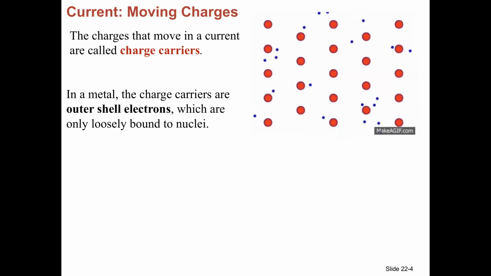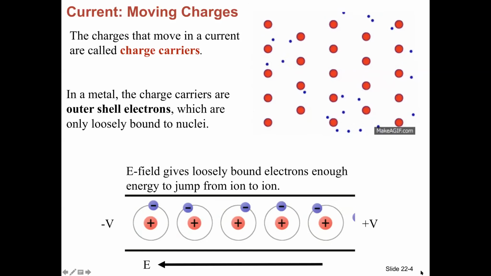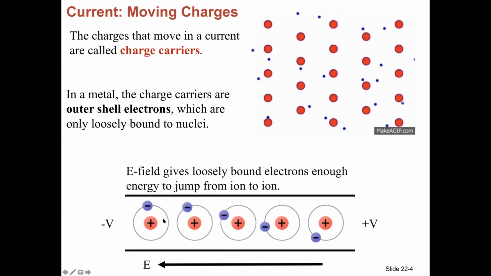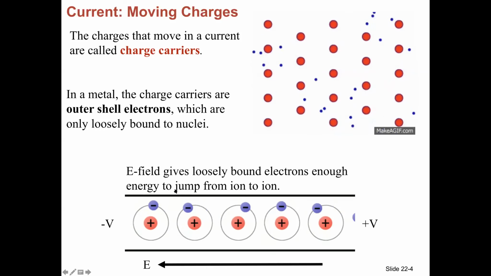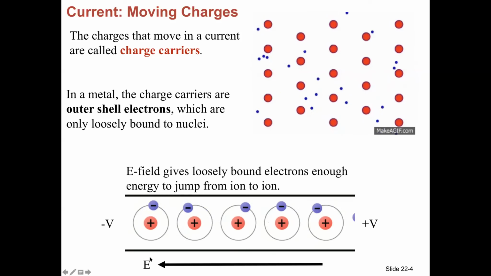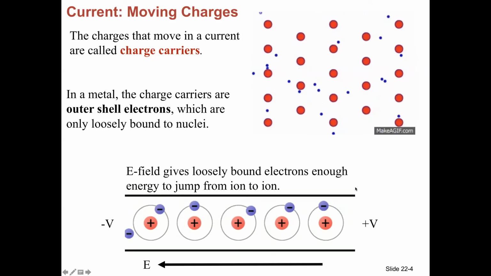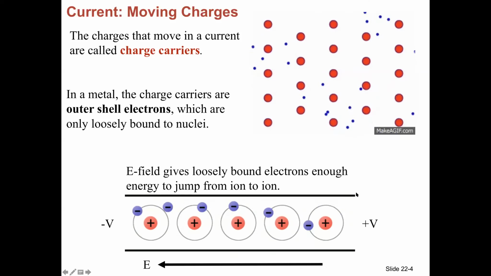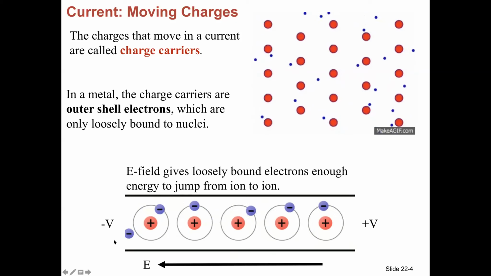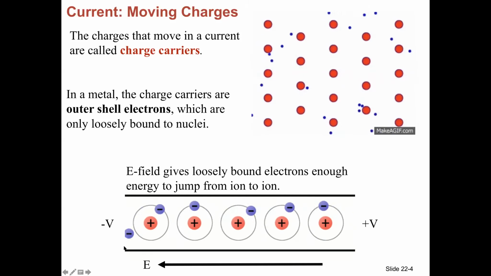But if we do something like this, where we apply an electric field, or equivalently a potential difference or a voltage, across a wire, here I'm applying an electric field pointing to the left, and that's equivalent to having a higher potential here and a lower potential on this side.